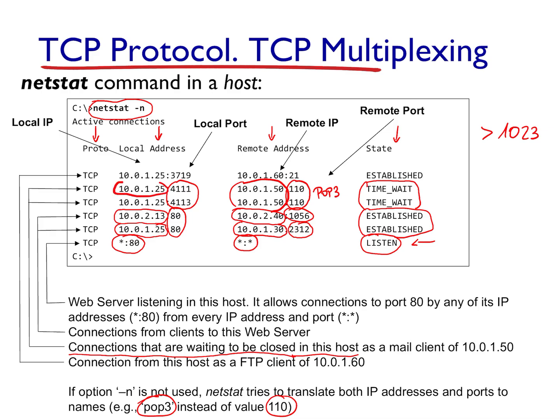And I have two different connections to that POP3 server. Finally, the first row refers to an already established TCP connection, and again, I'm acting as a client to a different service, FTP, with this IP address. And this is how we have to understand this command.